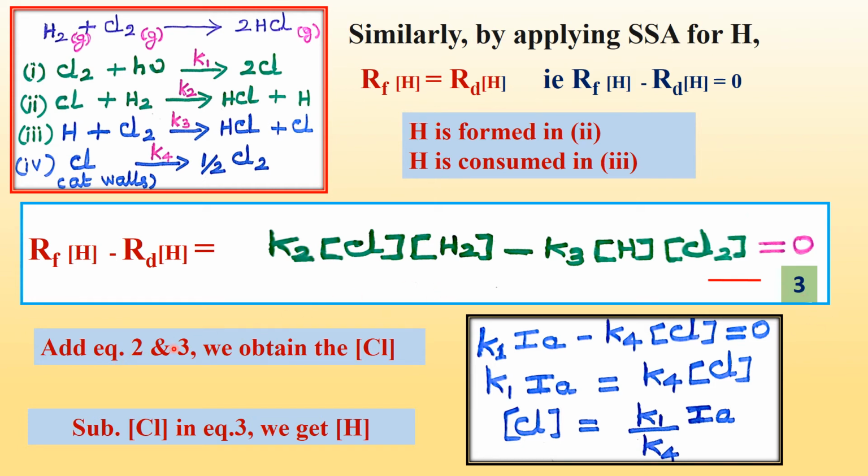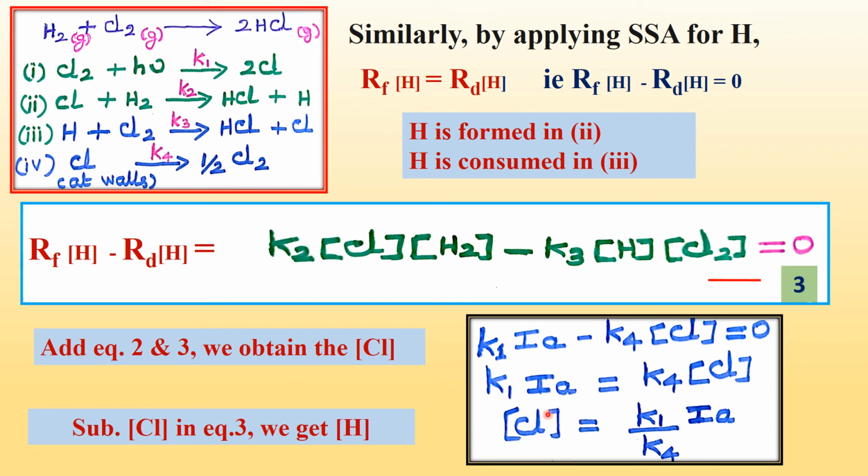Let us add equation 2 and equation 3. On simplification and cancelling, we get k1 I_A minus k4[Cl] equals 0. Therefore, the concentration of chlorine atom equals k1 I_A divided by k4. Thus, by adding equations 2 and 3, we have obtained the steady state concentration of chlorine atom.